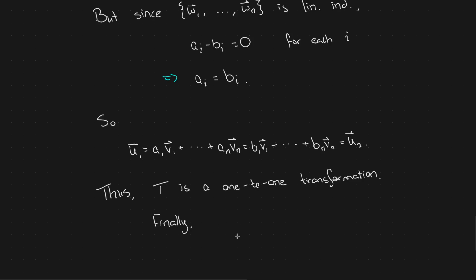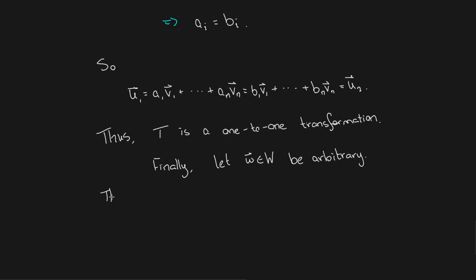So finally, let vector w in vector space W be arbitrary. Now we have a basis for vector space W. So then, for scalars c1 to cn, w is equal to c1 w1 plus c2 w2, and actually let me just go to the end, plus cn wn.